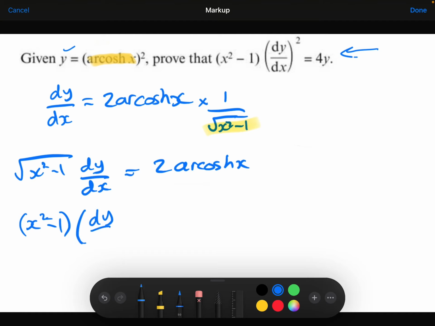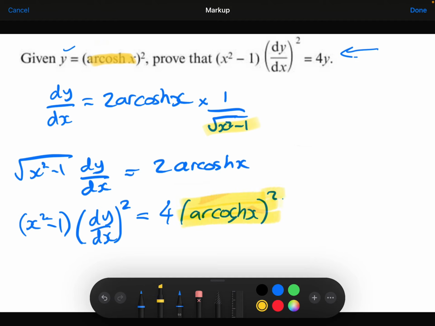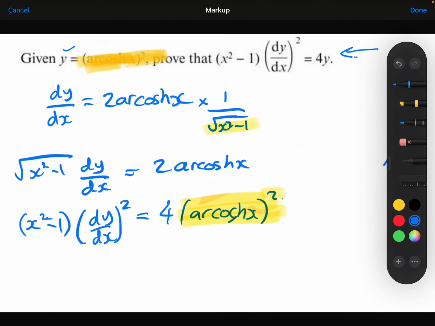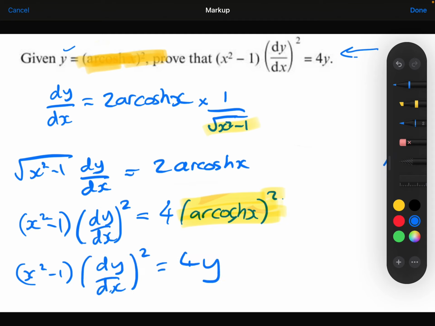The square of dy by dx will become dy by dx all squared. The right-hand side, squaring 2 arcosh x will give me 4 lots of arcosh x all squared. And now let's just remember that arcosh x all squared was just equal to y. So I can replace all of that with y. And that gets the result that we needed.